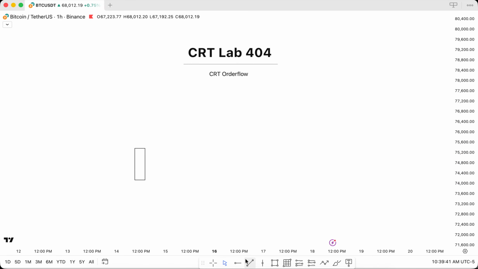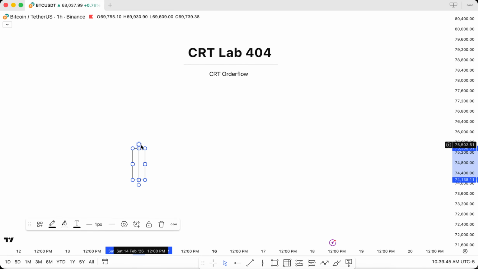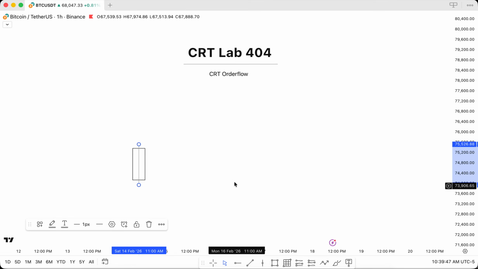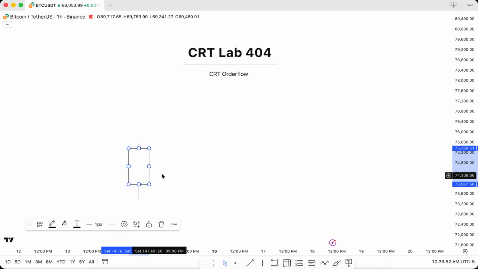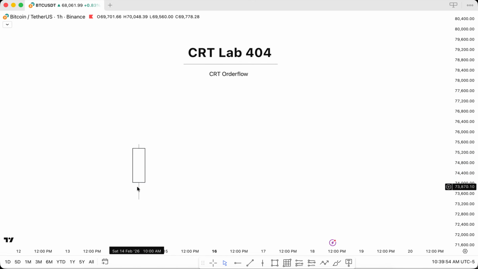First, as you know already, a candle range is a time-based range, this exact candle. Let's in this case take this as a monthly candle.